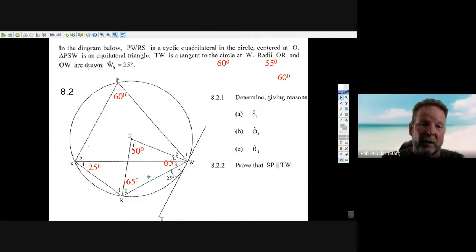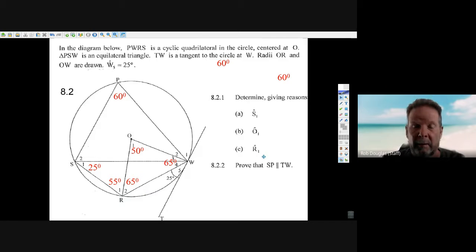We actually needed all of that because now that we know that's 65 and that's 60, angle P and R1 and R2 are the opposite angles of a cyclic quad. They have to add up to 180. So if we go 180 minus 60 plus 65, that means angle R1 is 55 degrees because of the opposite angles in a cyclic quad being supplementary.